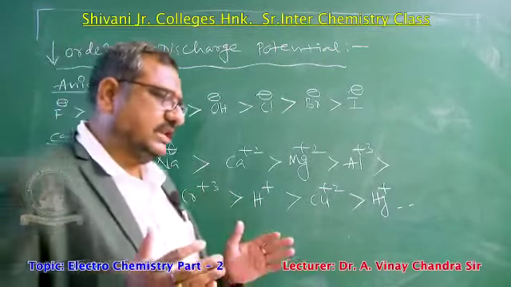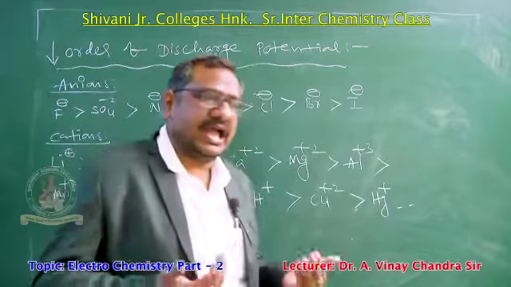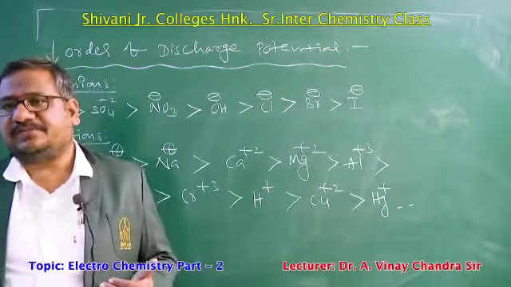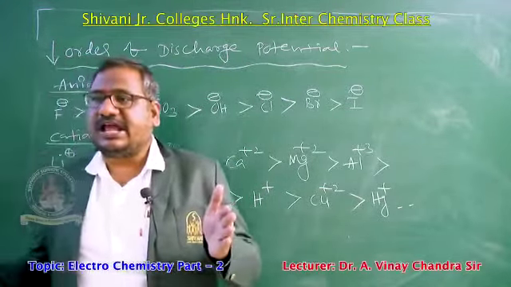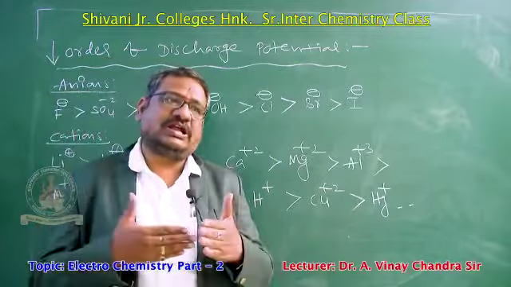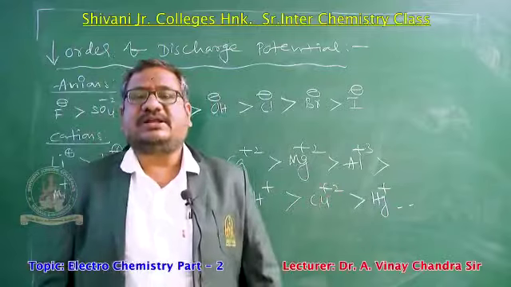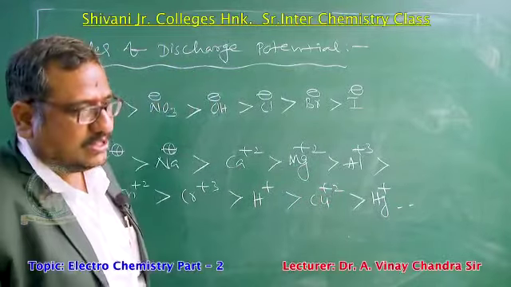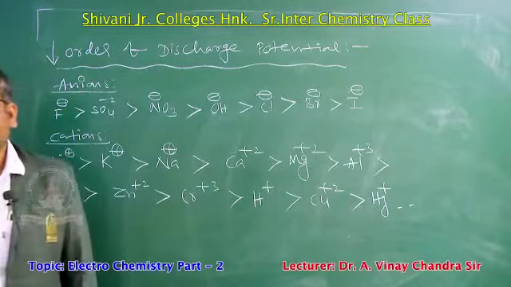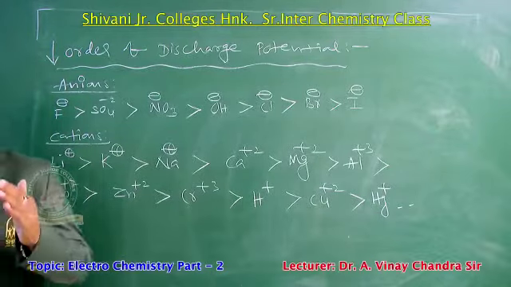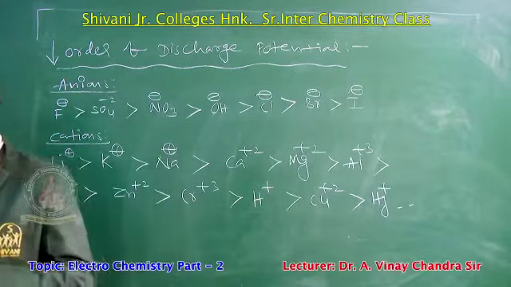When two or more anions or cations are present in a cell, the ion which readily moves towards the electrode and is readily deposited on the electrode is said to have the discharge potential.